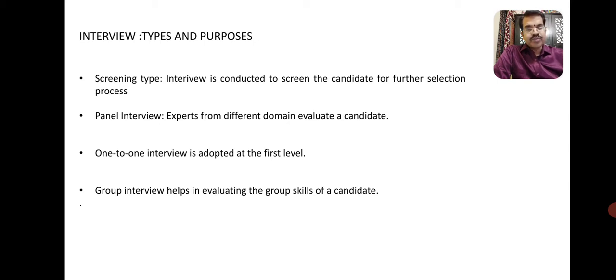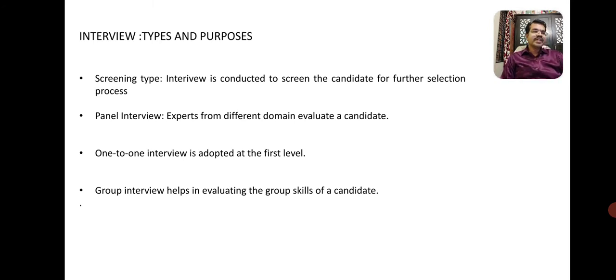So what do we do? With the screening type of interview, we make a shortlist of who the best candidates are, who could be taken to another round of interview. So this is the first type of interview, the screening type, the basic one.